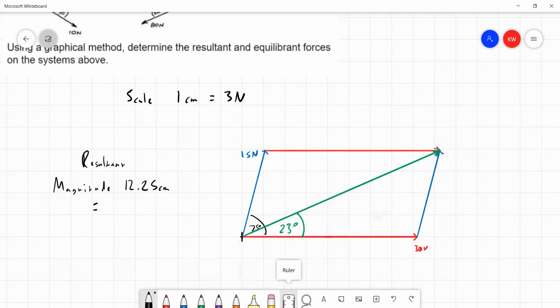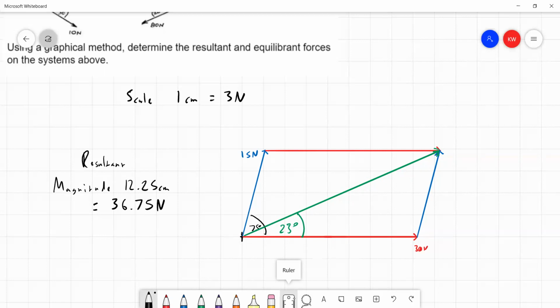So that's going to be 36.75 newtons. There's almost certainly no way we're as accurate as that. So we might just round that to 36.8. Depends how confident you are in your measures. We can probably measure to the closest millimeter.